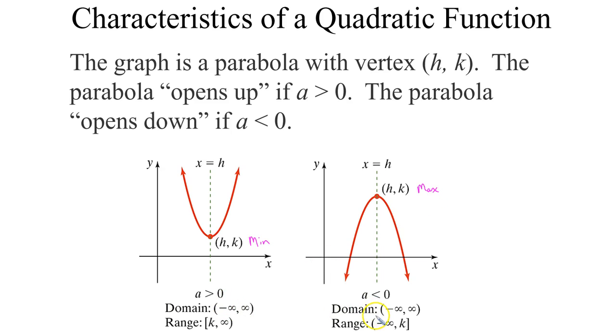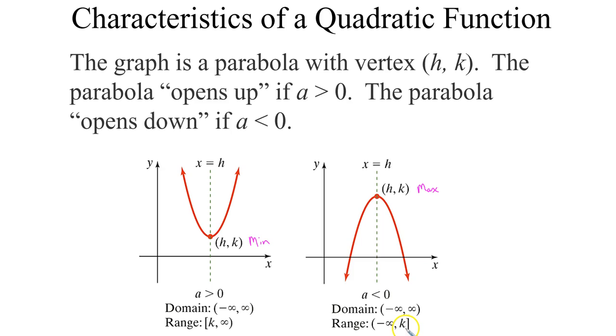Notice it doesn't change the domain, but it does affect the range, all right? So if my function has a minimum value, then the range has a starting place and it goes to infinity. If my function has a maximum value, the range has negative infinity to a stopping place. So minimum, it has a starting place. Remember, the range is your y values.